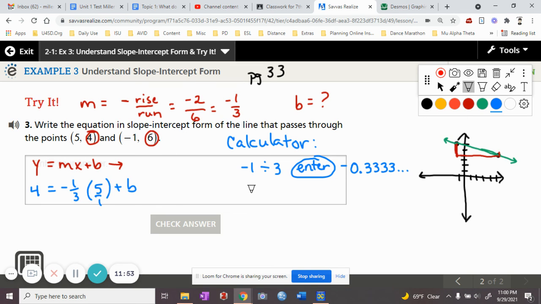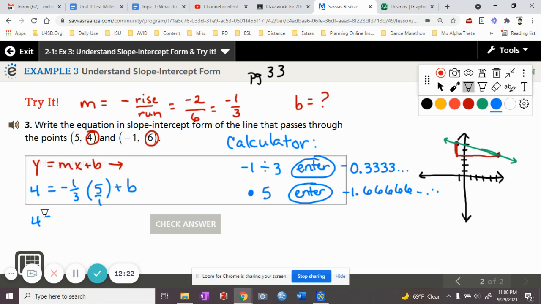After that, hit the multiplication button times 5 and then hit enter again. And you should get 1.66666. Okay. So if you do that calculator work, you're going to get 1.67. And it's actually going to be negative.